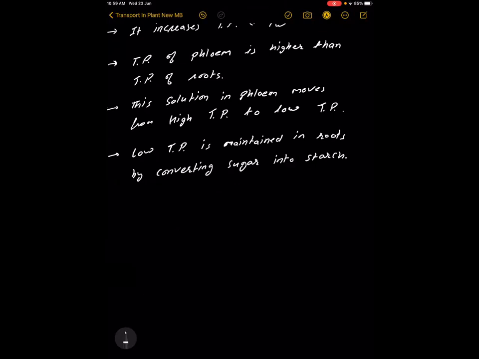So when sugar is converted into starch, turgor pressure becomes low.